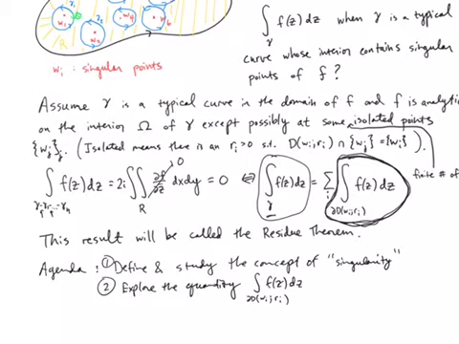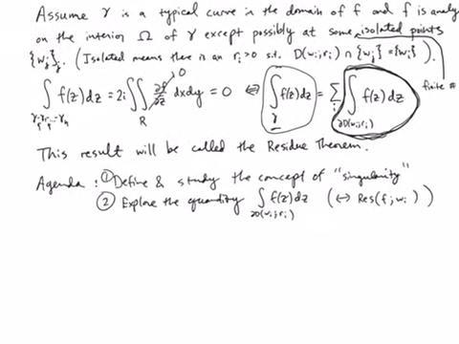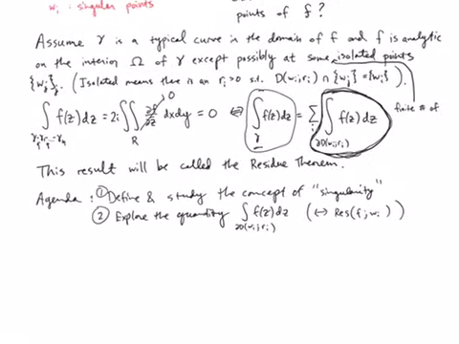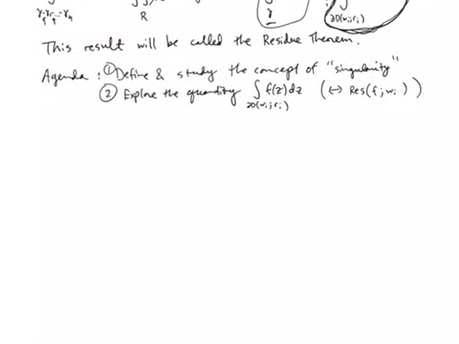Okay, and this quantity is essentially equivalent to what's called the residue of f at w sub i. So that's what we're doing, and that's why we're doing it. So here's the definition.